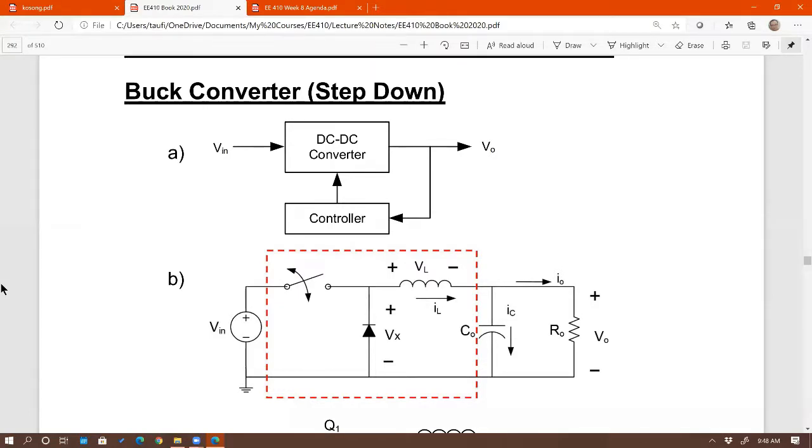That's why I'm forcing you to know how to sketch waveforms within a DC to DC converter. Once we understand how waveforms are shaped in DC to DC converters, the next thing would be sizing components, which is also important in the design process.